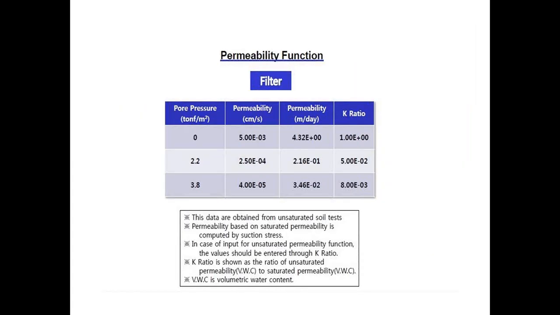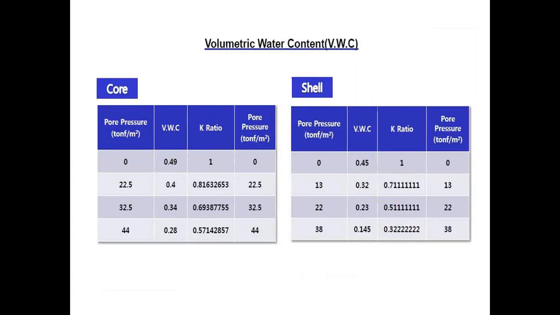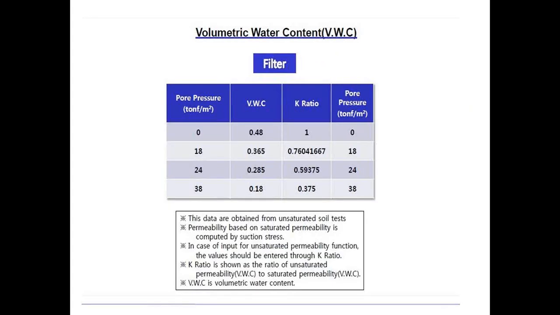These are the following for the core, filter and shell. And I will also be considering the variation of the pore pressure along with the volumetric water content for core, shell and filter, which I will be showing you in detail in the coming slides.